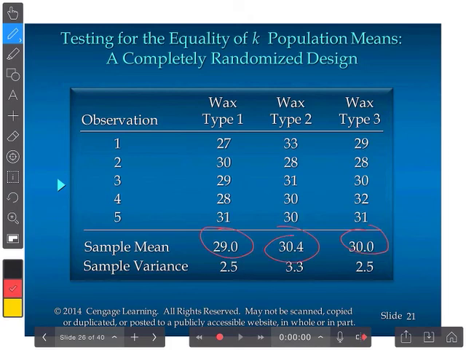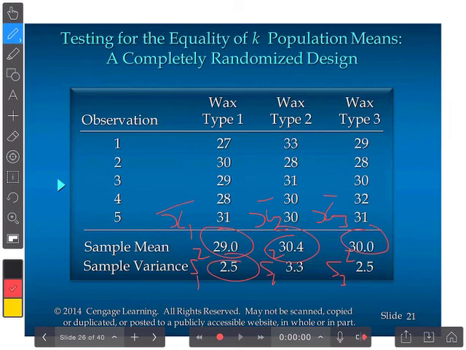So we could actually set this up in Excel very nicely. Find the sample mean. So this would be X bar 1. This would be X bar 2, X bar 3. And we could also find the sample variance, which is S1 squared, S2 squared, S3 squared. Now remember, we're going to use that when we want to calculate MSE, all right?